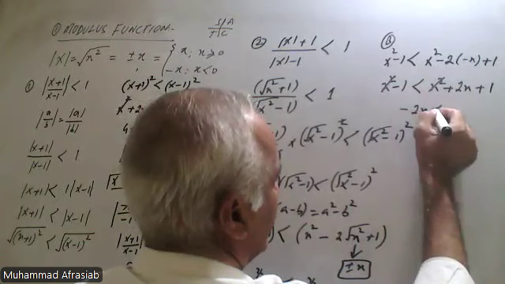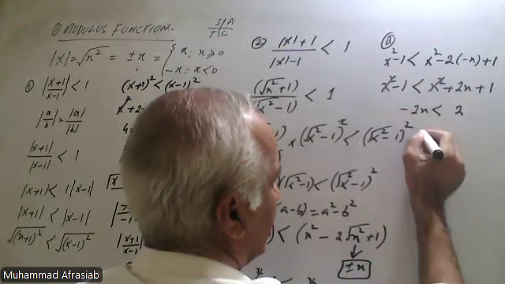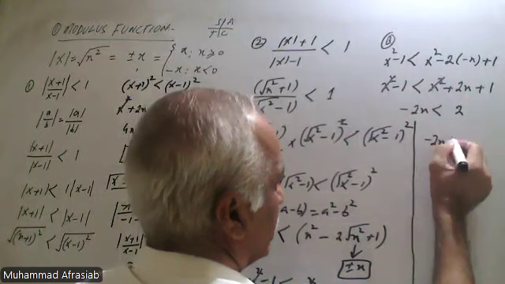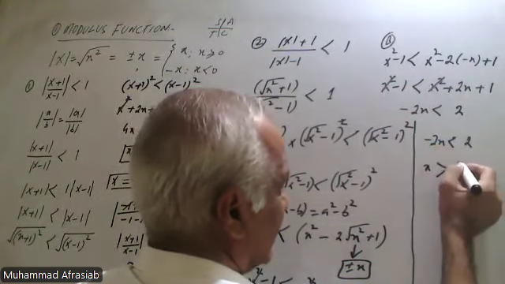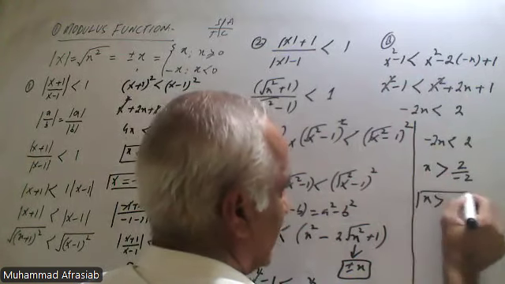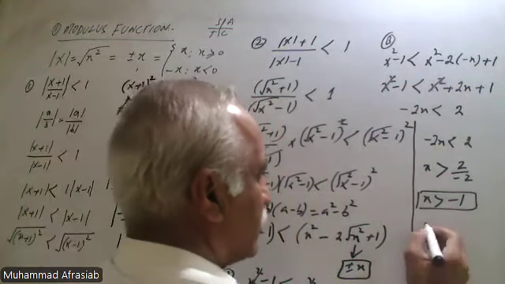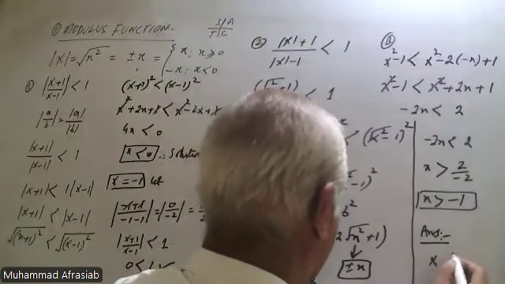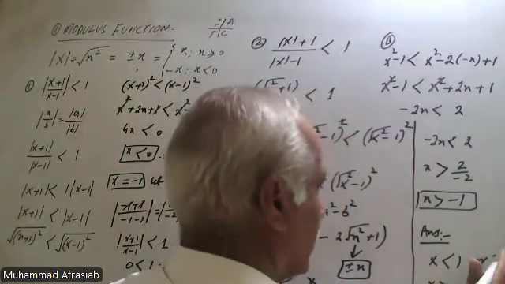So minus 2x is less than 2, and dividing by minus 2 the sign flips, so x is greater than minus 1. So one answer is there for this portion. So the total answer for this whole part is x is less than 1 or x is greater than minus 1.